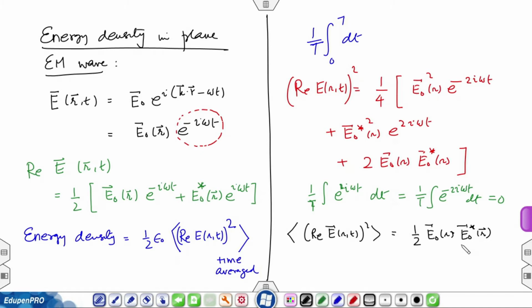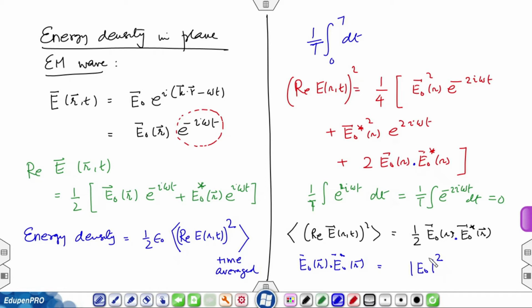Notice that when I take E_0(r) and E_0*(r), the e^{ik·r} term cancels out, and so does the e^{iφ}. See, E_0(r) times E_0*(r), this is a dot product, is equal to the amplitude mod E_0 square, because e^{iδ} and e^{ik·r} cancel out.